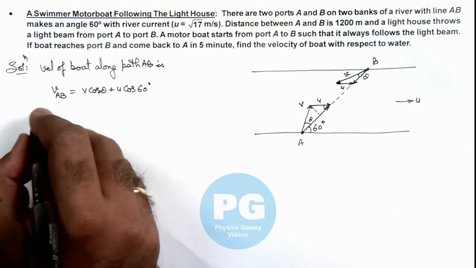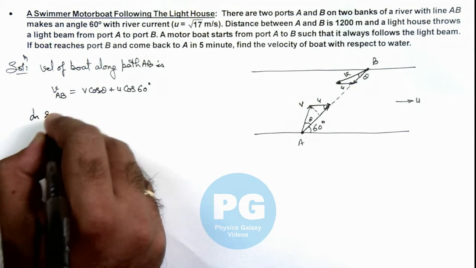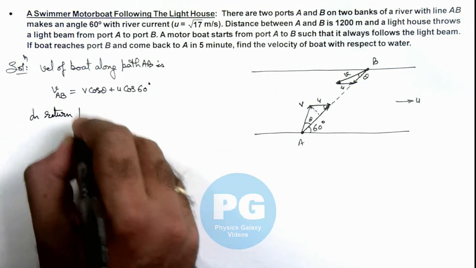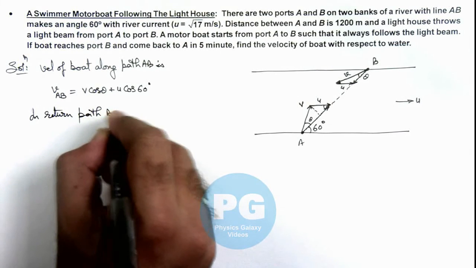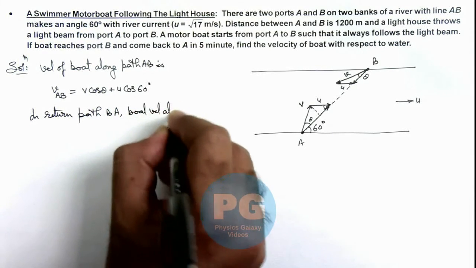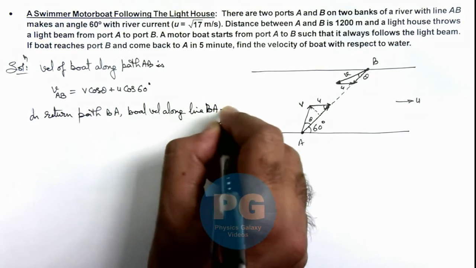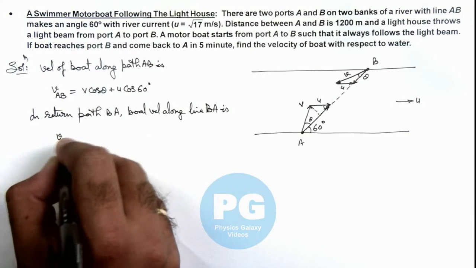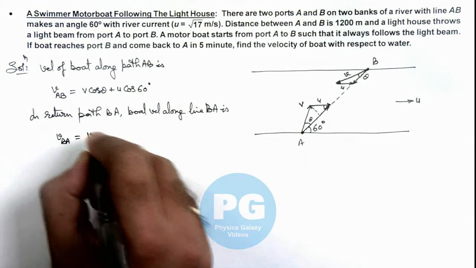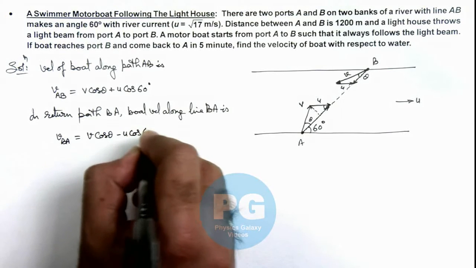So again we can write, in the return path BA, the boat velocity along line BA as V cos theta minus U cos 60 degrees.